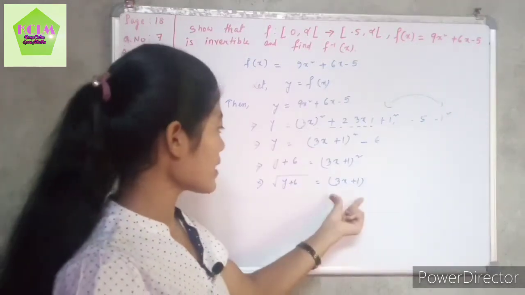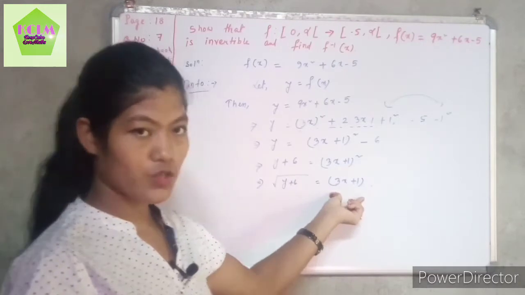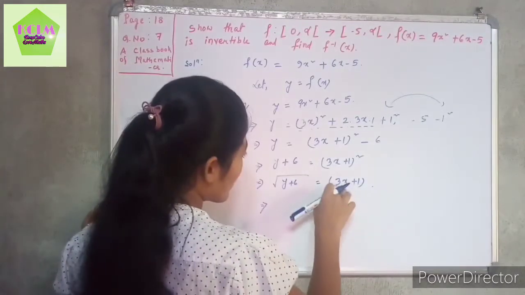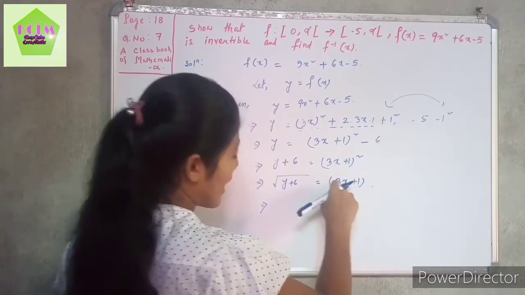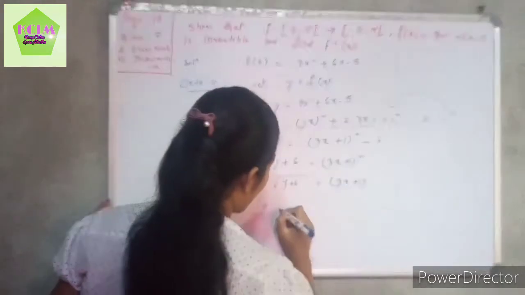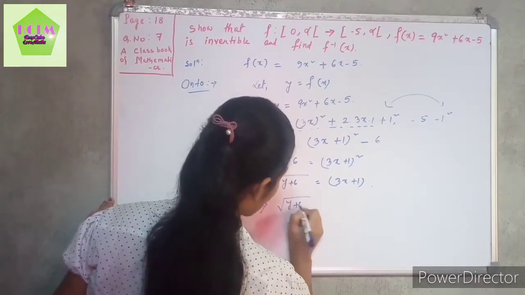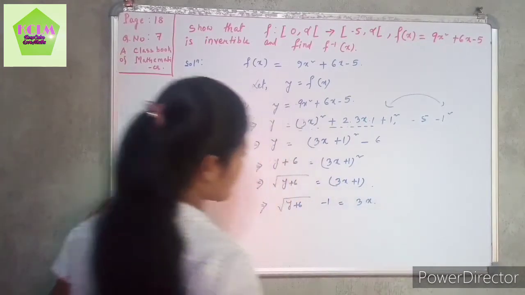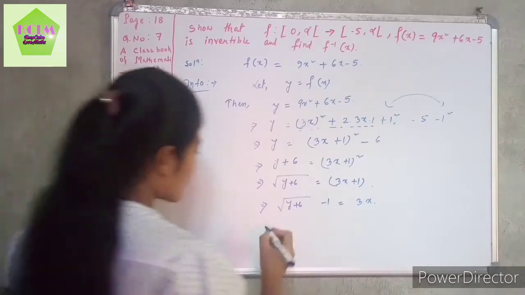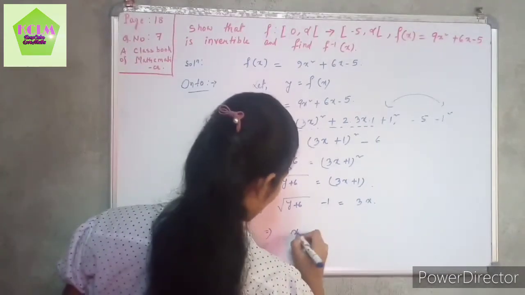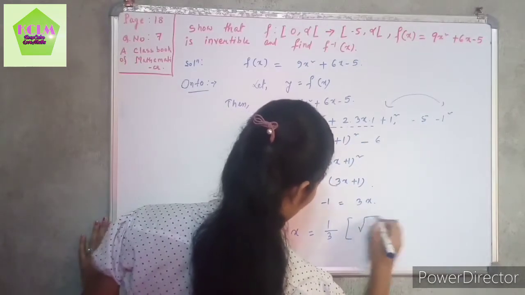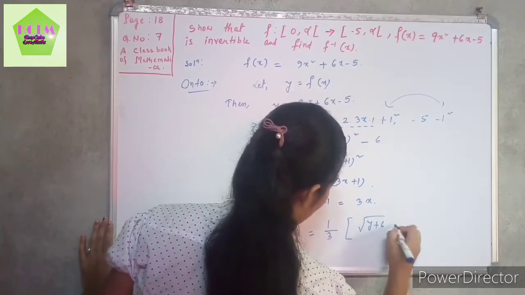The remaining expression will be 3x plus 1. Now we need x only. Therefore, root over y plus 6 minus 1 equals 3x. So x will be 1 by 3 of this expression, root over y plus 6 minus 1.